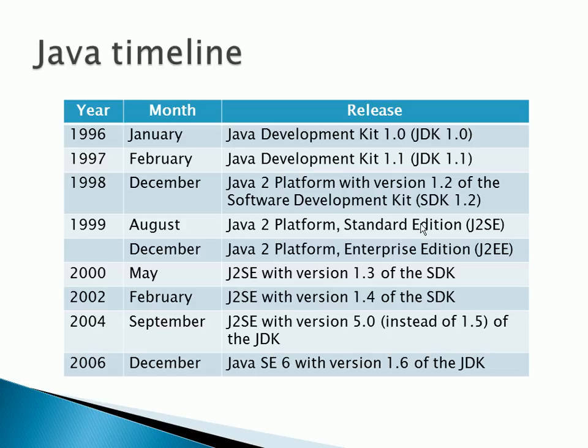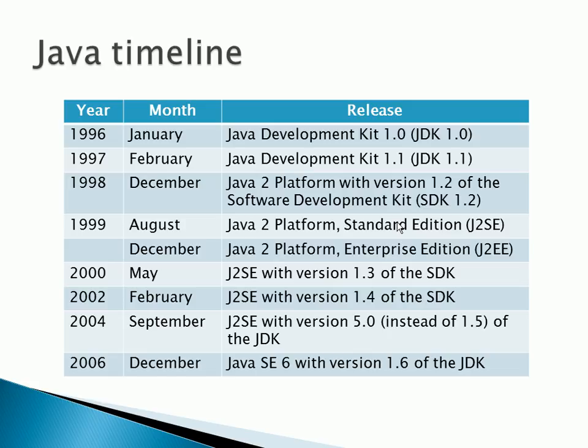Since that date, pretty much every time we have a new JDK, the Enterprise version is also updated, because the Enterprise Edition relies on some of the classes that are part of the Standard Edition.